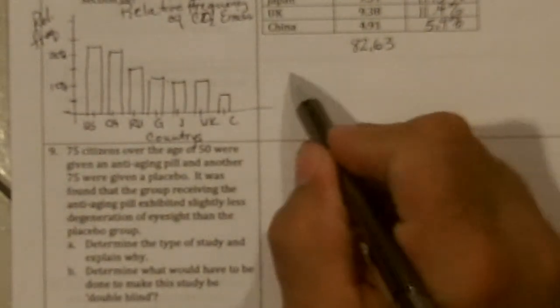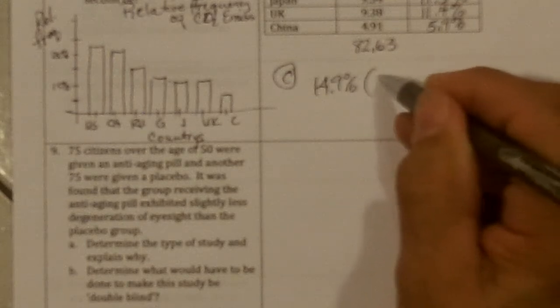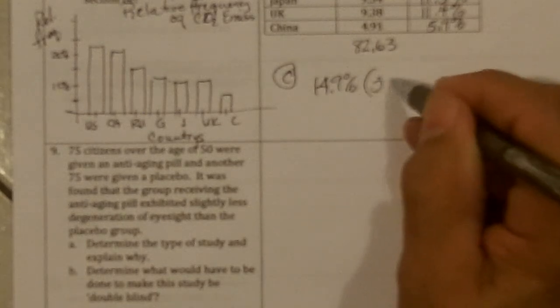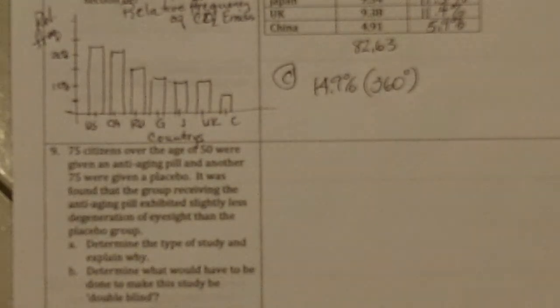And then we're going to go to how many degrees on a pie chart? Well, Russia was 14.9% of the 360 degrees on a pie chart.